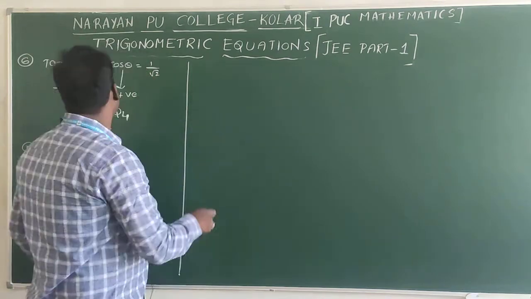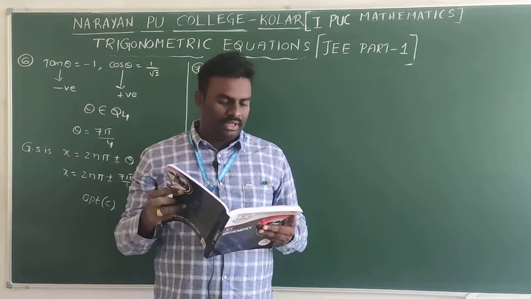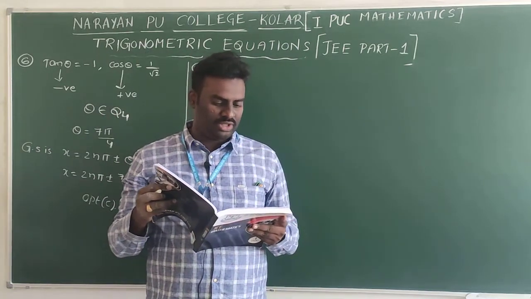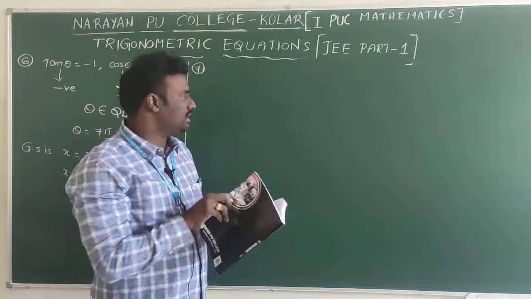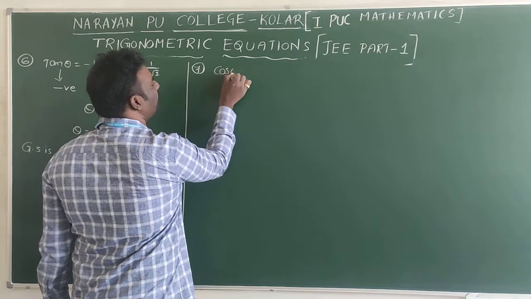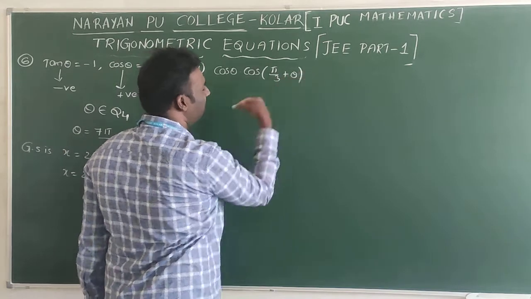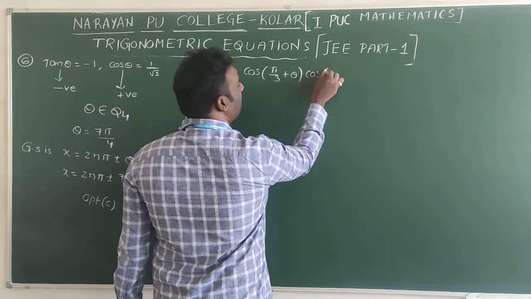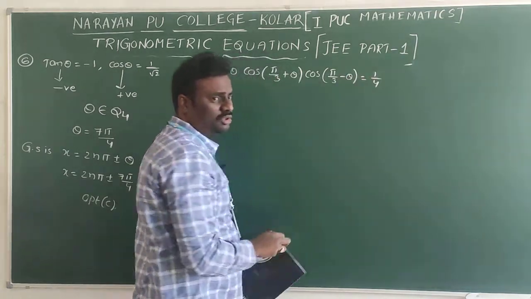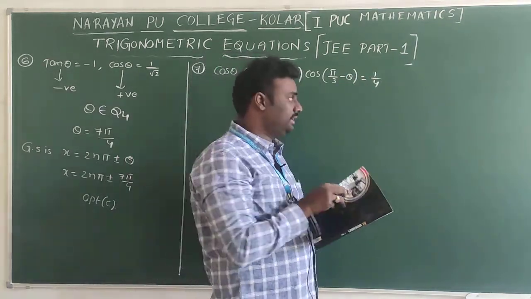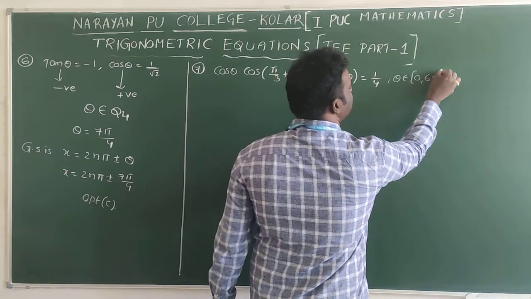Next, seventh one. In the seventh question, the sum of all the solutions of the equation cos theta into cos of pi by 3 plus theta into cos of pi by 3 minus theta equals 1 by 4, and theta belongs to 0 to 6 pi.